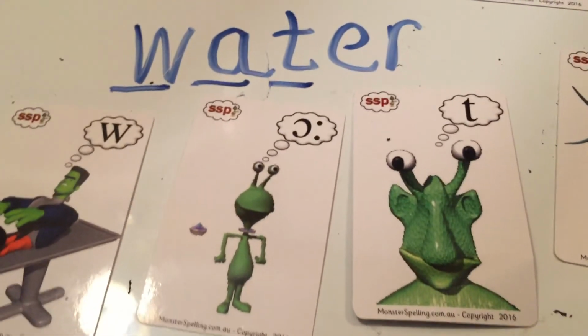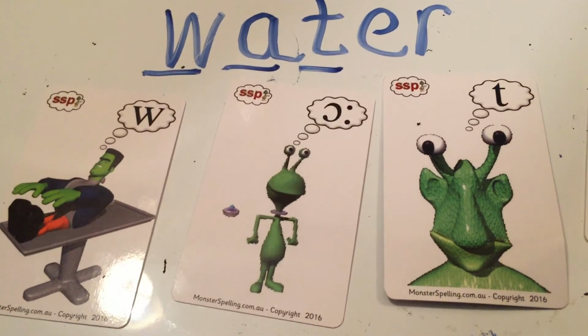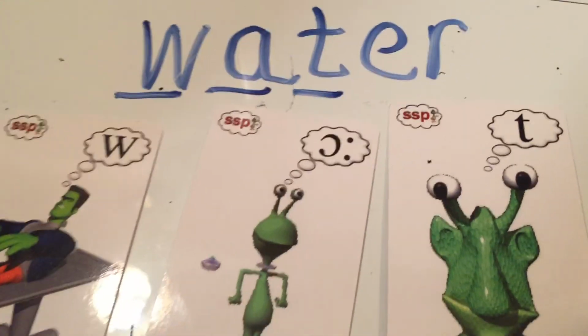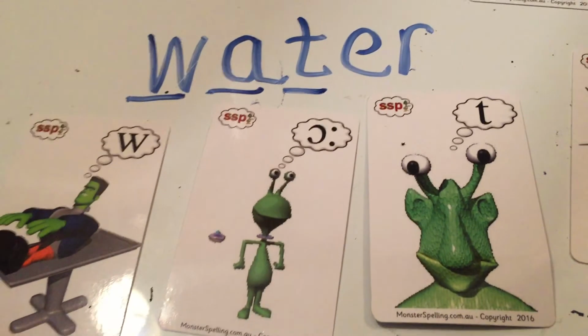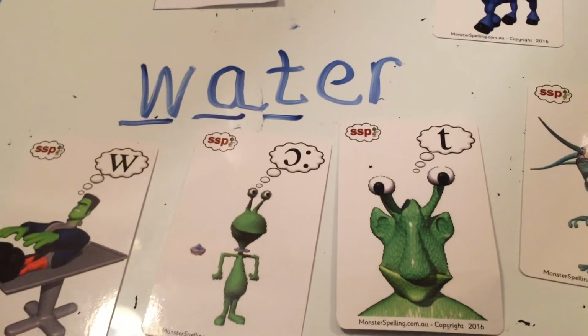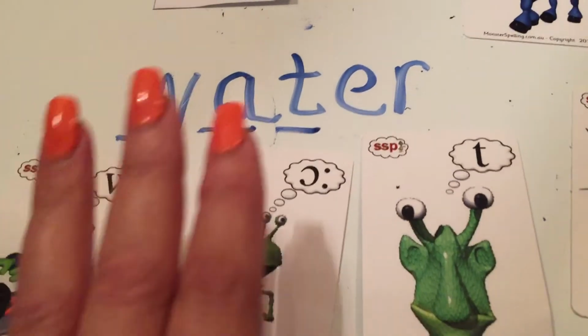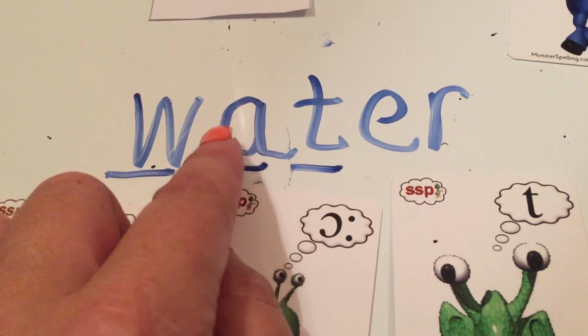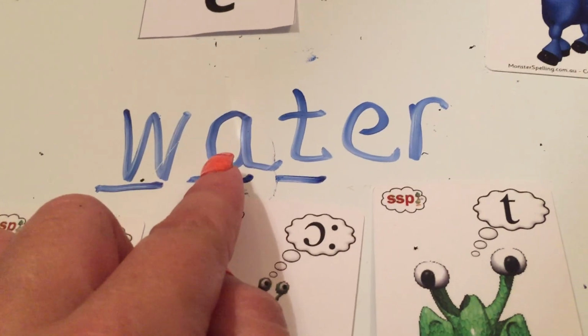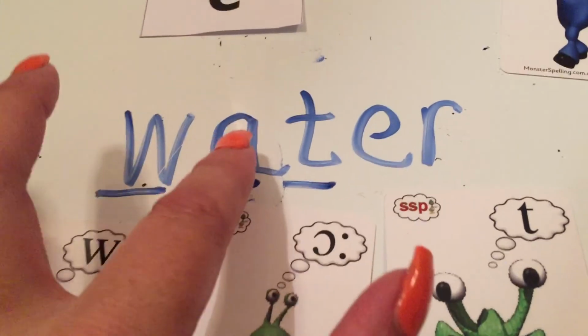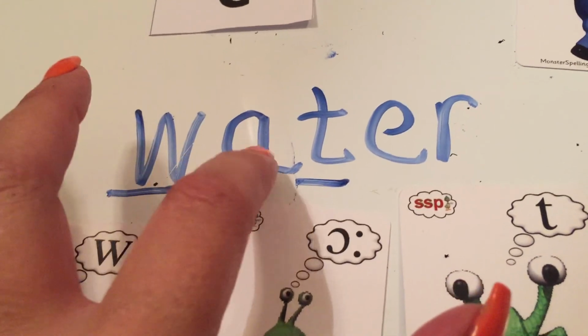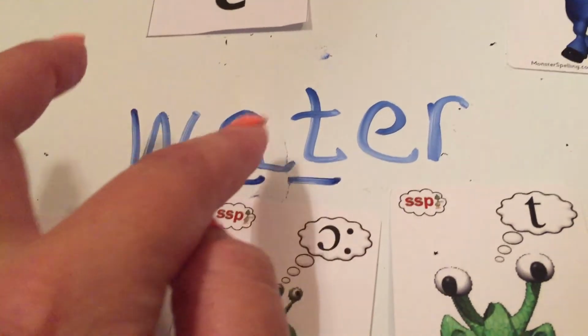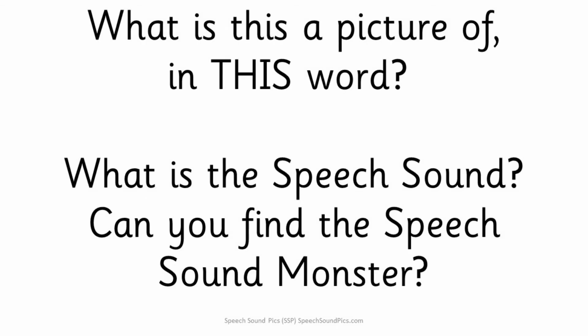Anyway, so that's a few tips for working outside of the code level, and it really doesn't matter. I mean, I'm doing this with 3-year-olds, so it's not age specific. And you're doing it out in the environment. So you might look for a letter in as many words as you can over the next 2 days, and just say to the children, so what is it, to get practice saying that, what is it a picture of in this word?